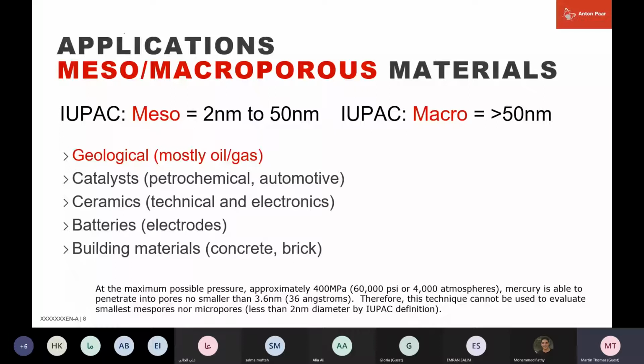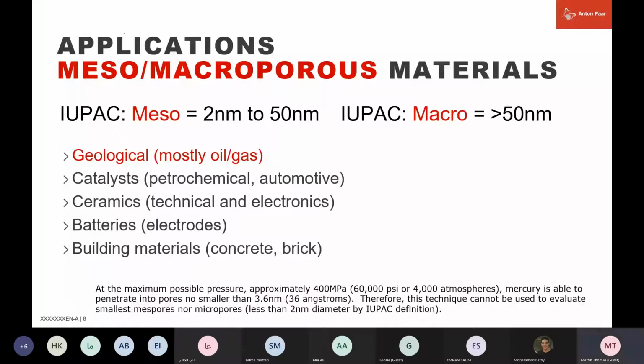But just to put it into context, once you've got oil and gas out of the ground and it goes down the downstream processes, and we end up with useful products out of it, along the way it might be that catalysts, heterogeneous catalysts, petrochemical catalysts are used. And this technique is extremely widely used for characterizing heterogeneous catalysts in the petrochemical field, also in the non-petrochem field, things like ammonia synthesis.